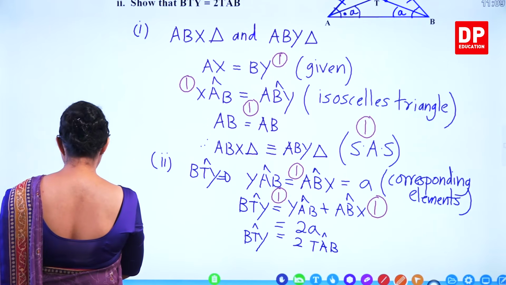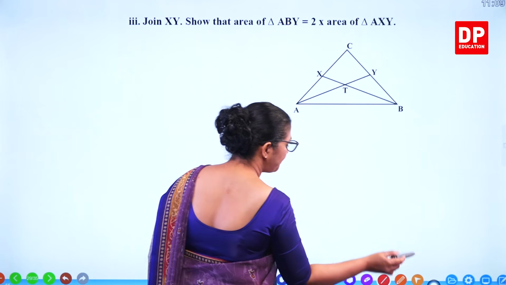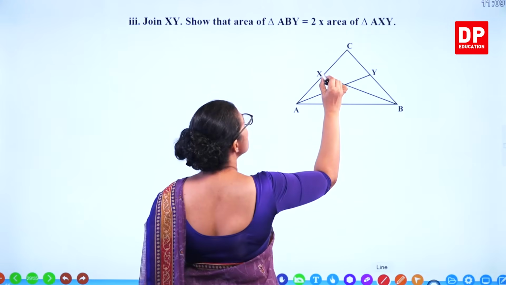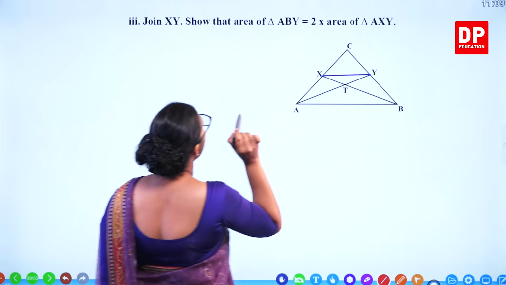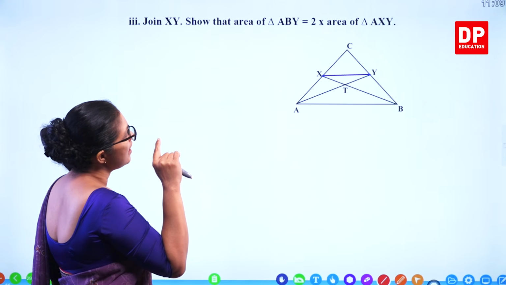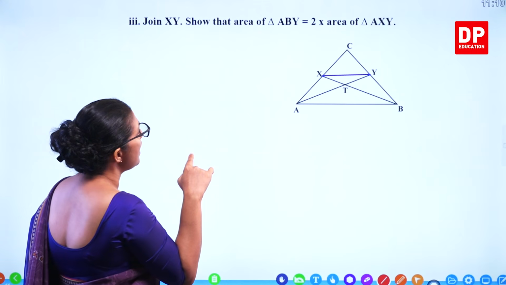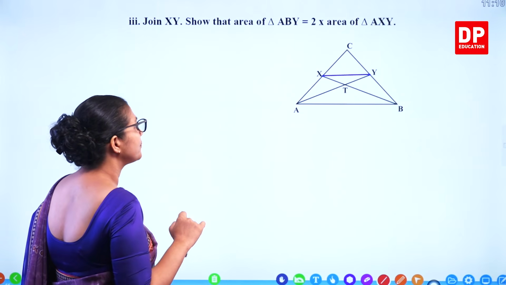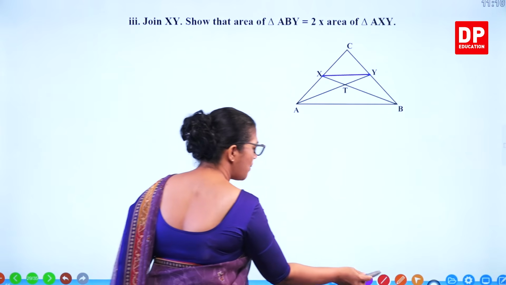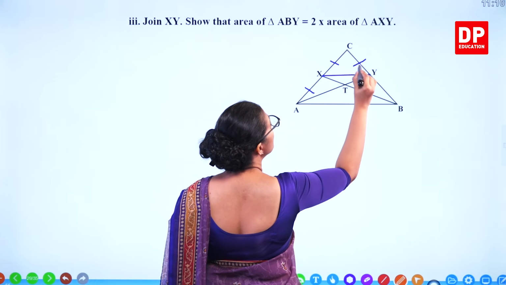So we'll do the next part. Join XY and show that area of ABY triangle is 2 times area of AXY. These two are equal. Now we can mark the information from the previous. We know these are equal.